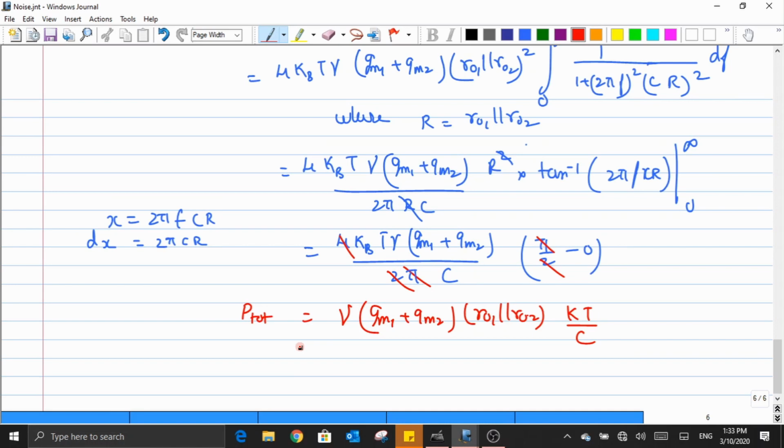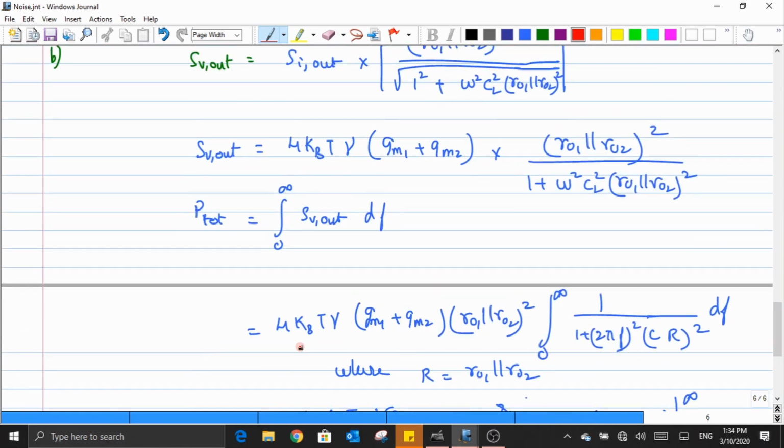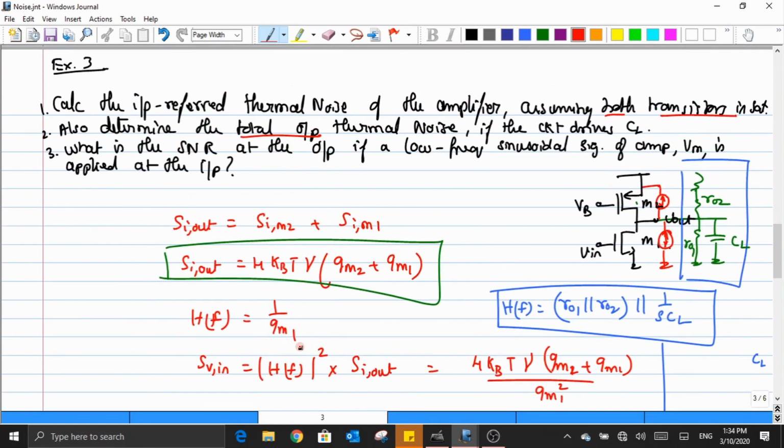So now that we computed the noise power at the output port, we still have to identify the SNR. Okay, now as I said in the question, you have a sinusoidal input signal with a magnitude of Vm. So the peak magnitude of this sinusoidal input is Vm.